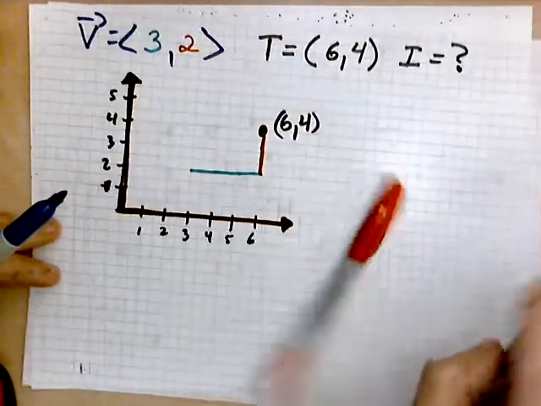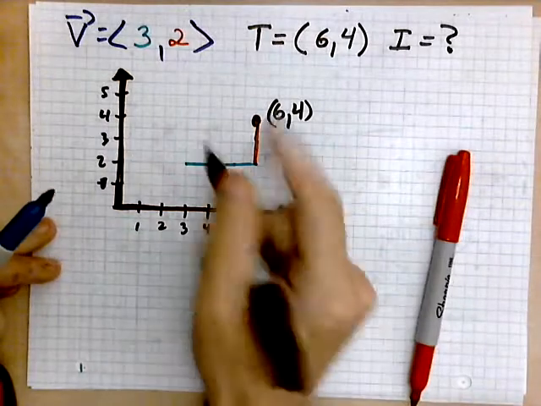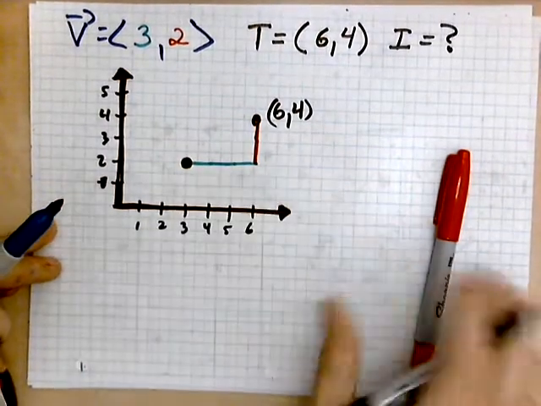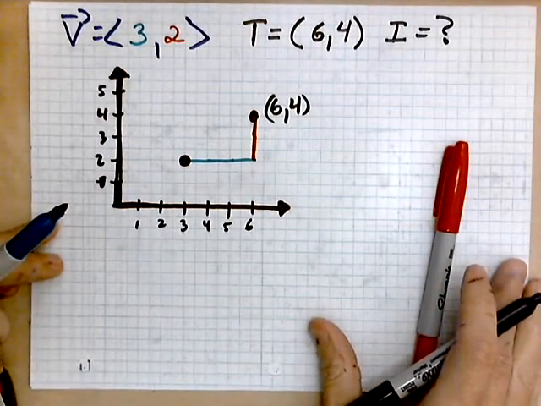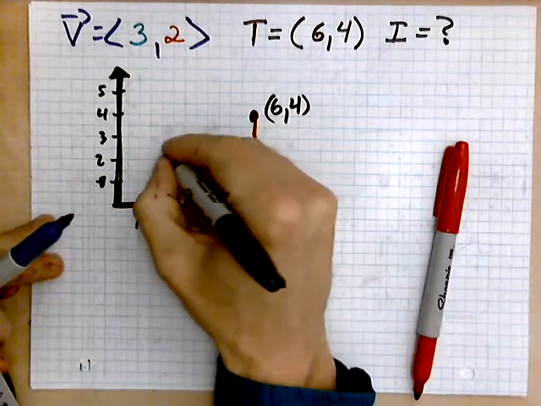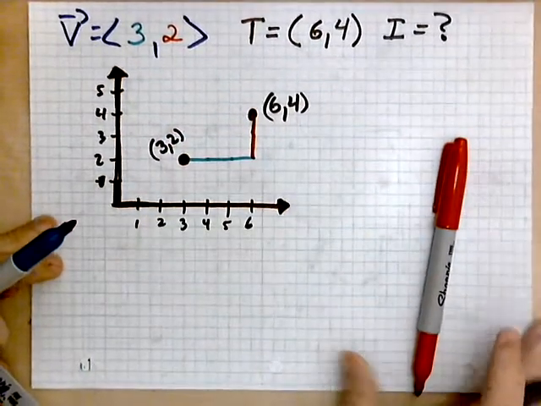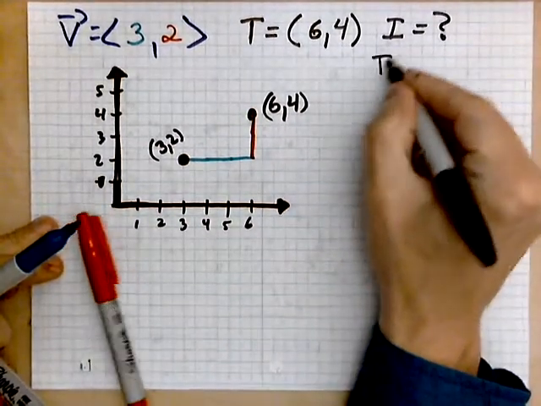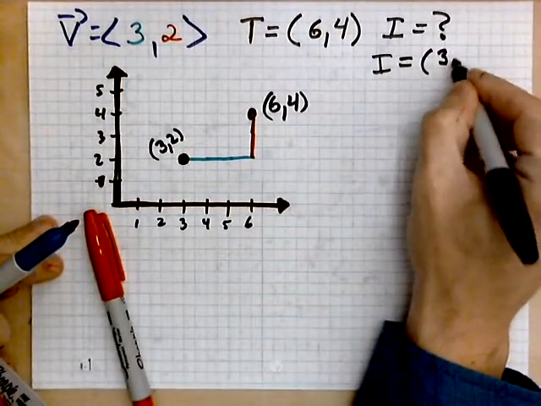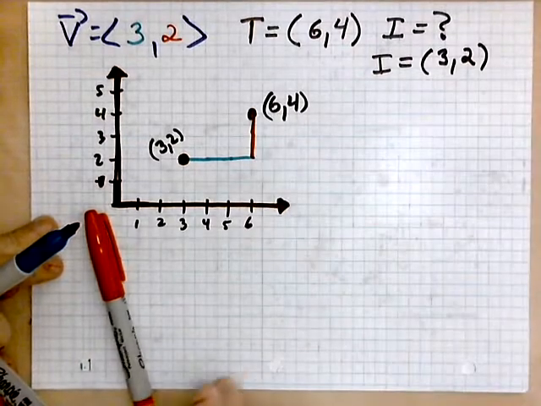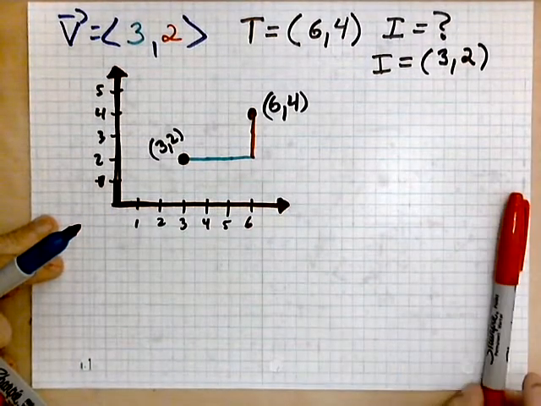And guess what? Here you've arrived at the initial point. And now, because we've drawn our picture very carefully, we can simply mark the point as 3, 2. So the initial point is 3, 2. That's it.